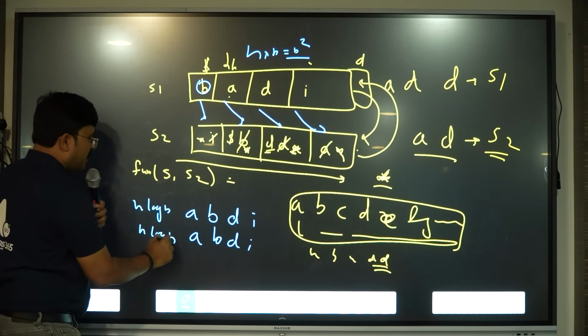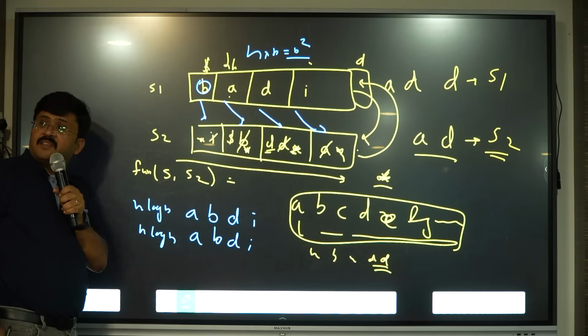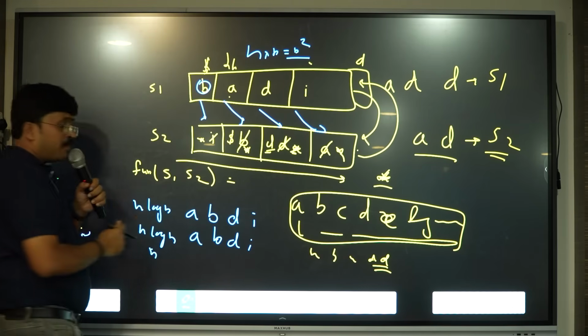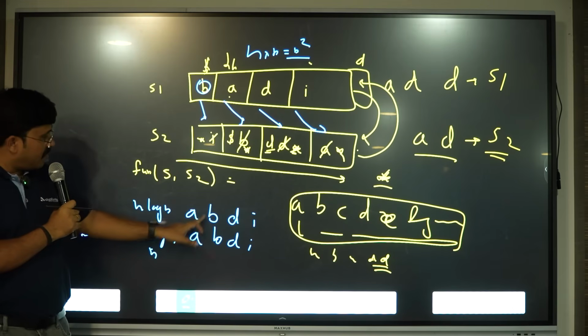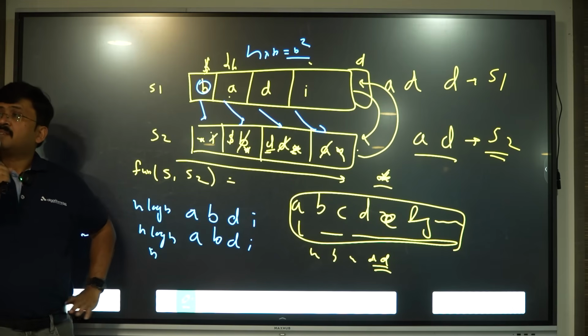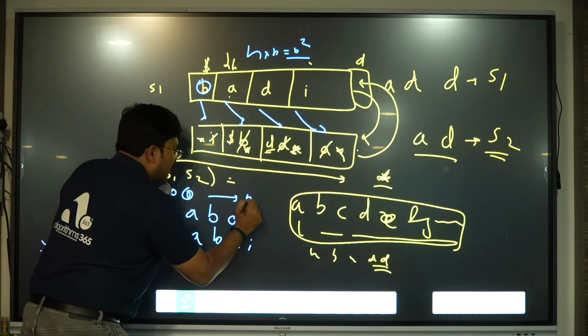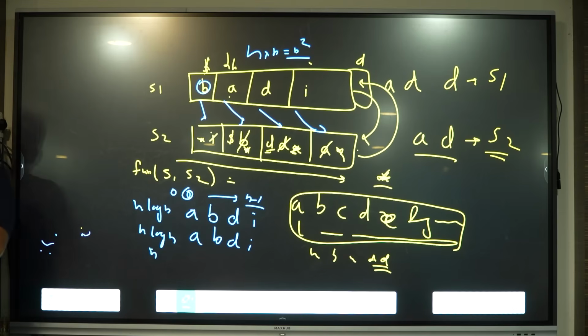N log n. Then compare also, right? Comparison is O of n, from index 0 till index n minus 1. Understood? So it is O of n.